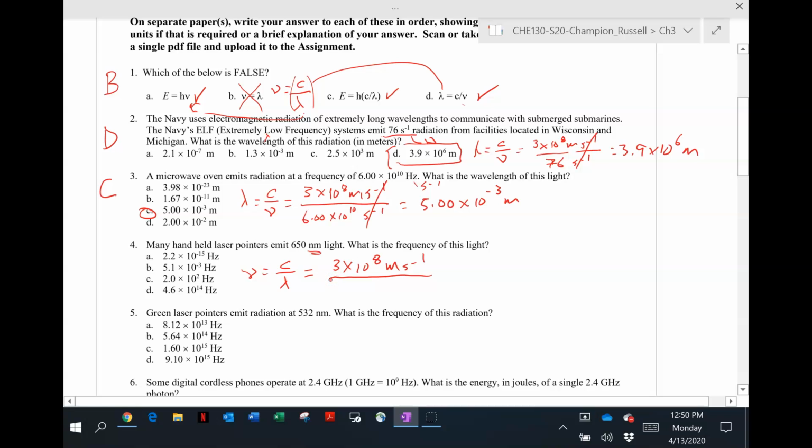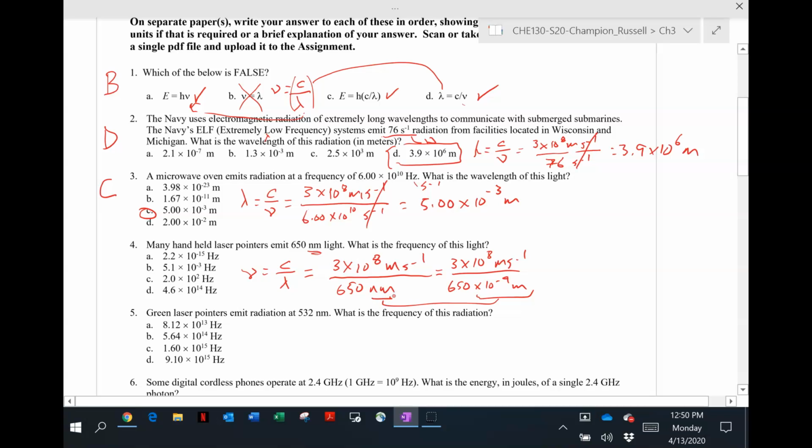Now we've got 650 nanometers, so we'd have to do a conversion. We can do that really easily. Nano means 10 to the negative 9th, so we'll just say 650 times 10 to the negative 9th meters. That right there is equivalent to nanometers.